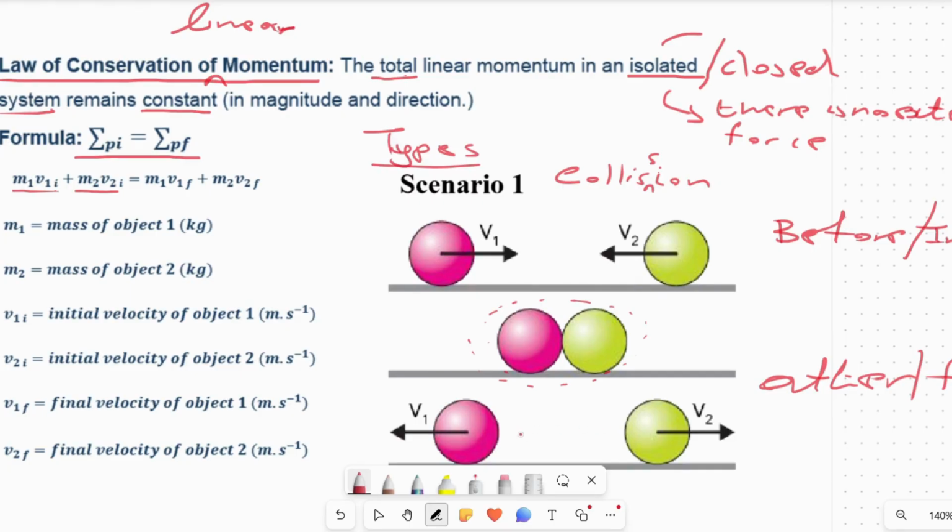Remember, this is the formula for the whole concept of linear momentum, no matter what type of collision you are having. It's important to understand that the law of conservation of momentum states this remains true. That is very, very important to remember.